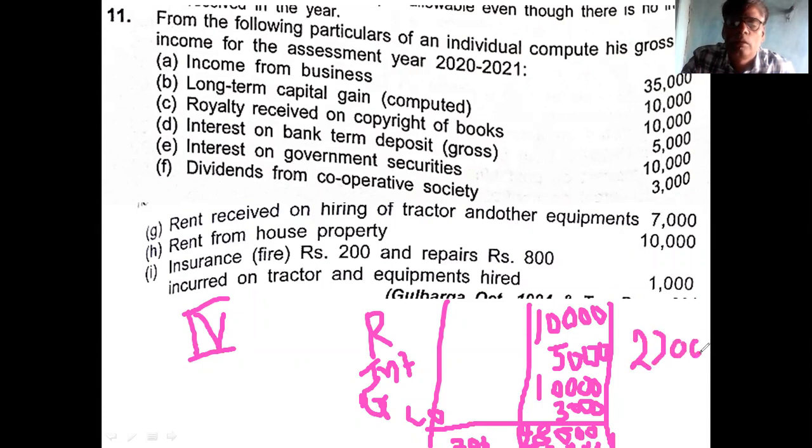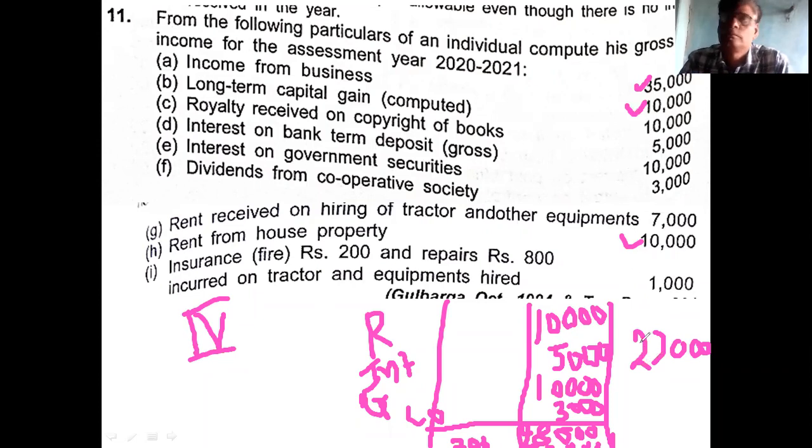Then you take the outer column total. What is the outer column total? First 7,000, house property. Second 35,000. Third 10,000. Fourth 27,000.